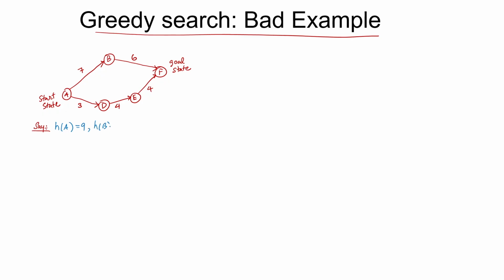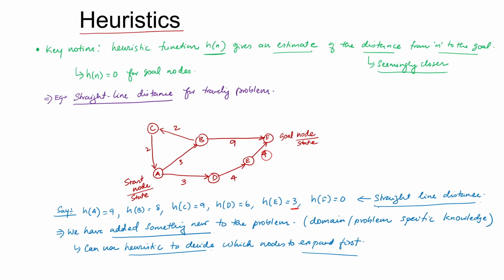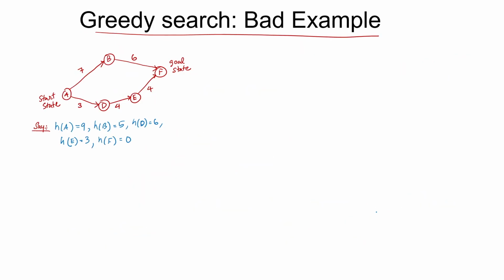H of B is equal to 5, there is no C, H of D is equal to 6, H of E is equal to 3, and H of F is equal to 0. If you remember yesterday's lecture, we talked about H as the straight line distance. H stands for the heuristic.